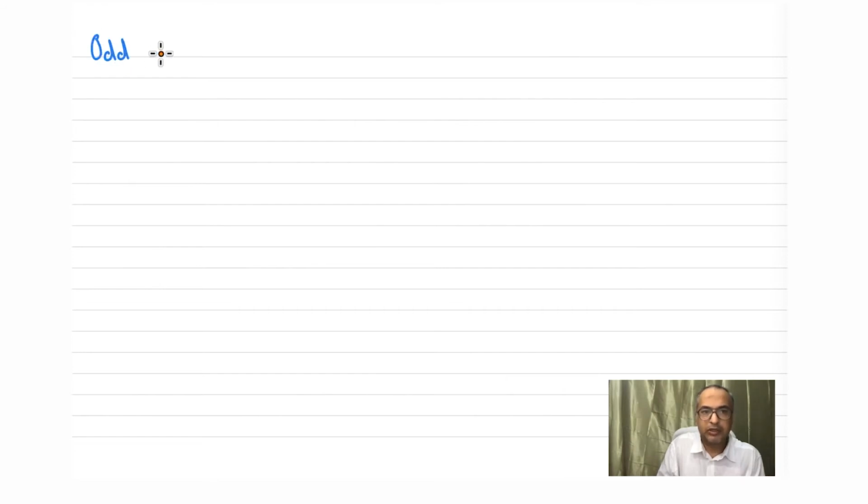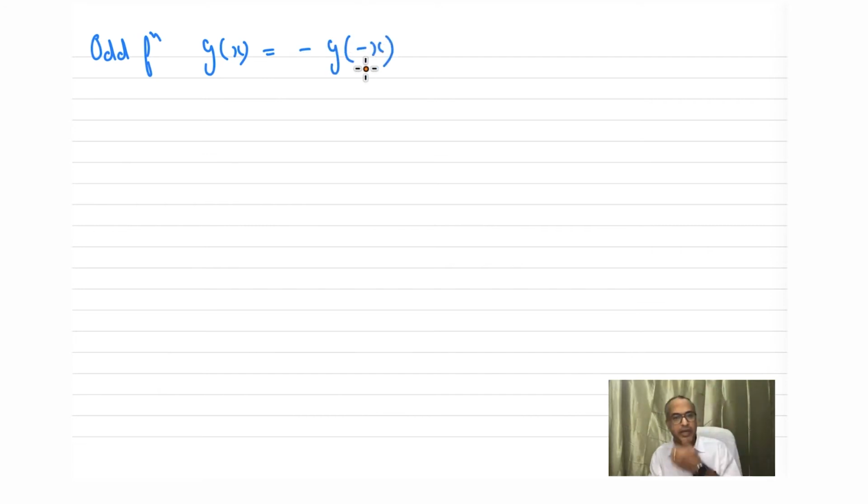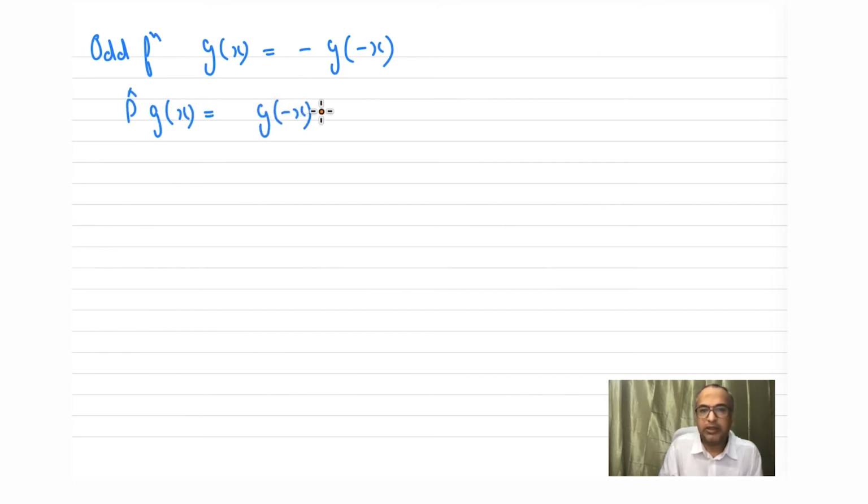Let us consider an odd function g(x). The definition of an odd function tells you that g(x) is equal to negative of g(-x), right? Now if we apply parity on g(x), what we will get is g(-x), and in turn we'll get minus g(x).